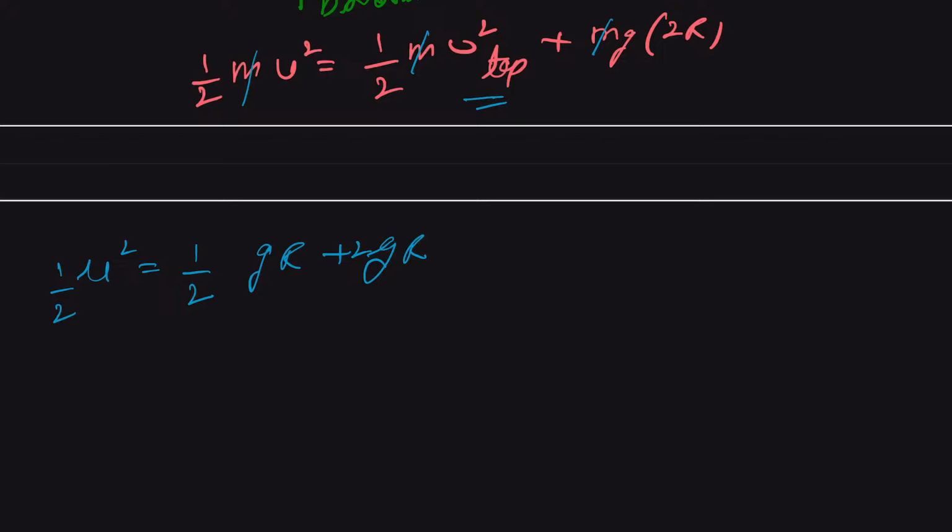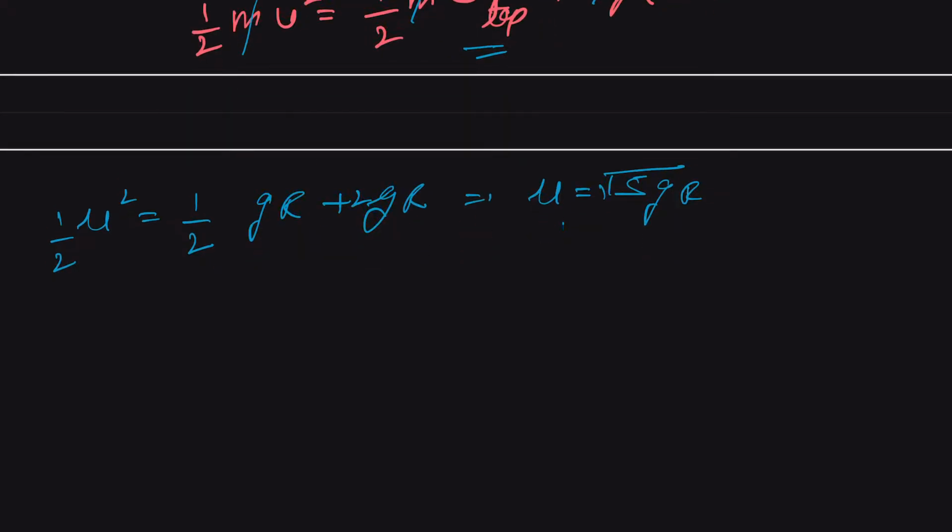Therefore from here we get that the value of u is equal to square root of 5gr, or we can say this is our minimum value of velocity at the bottom so that it completes the circle.